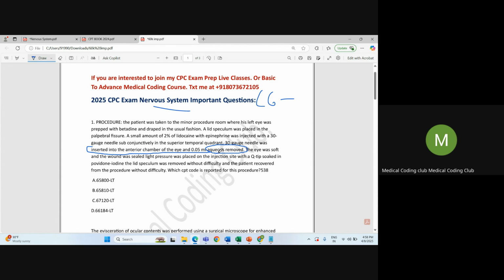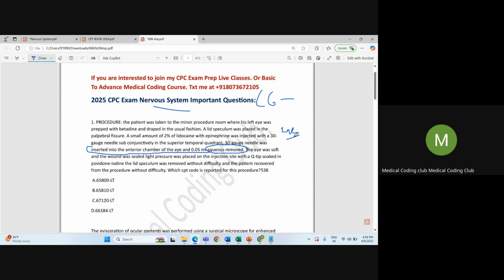Here you can see this is a procedure related to the eye, and simply put, the procedure is that aqueous is removed. Aqueous removal or drainage: it is a clear fluid that helps maintain the eye pressure.